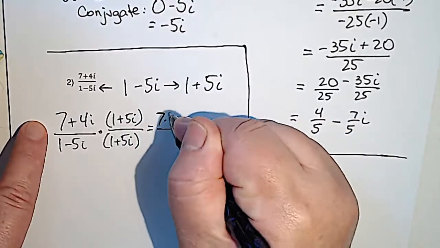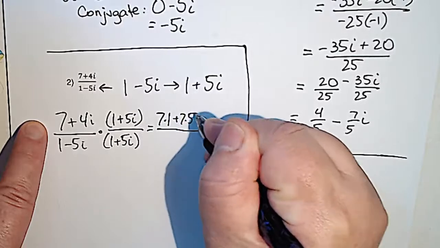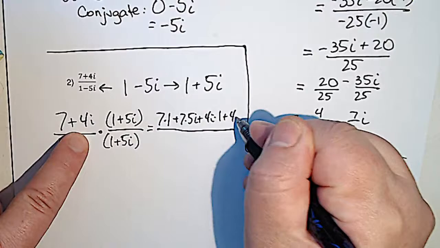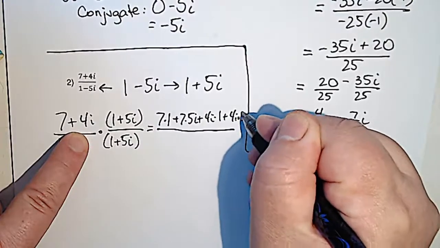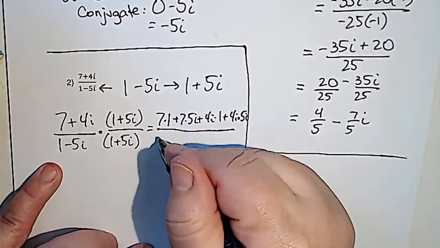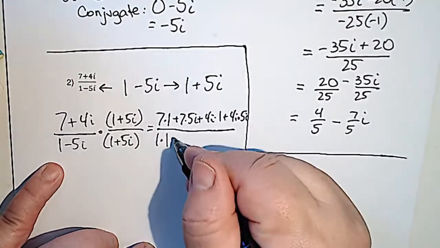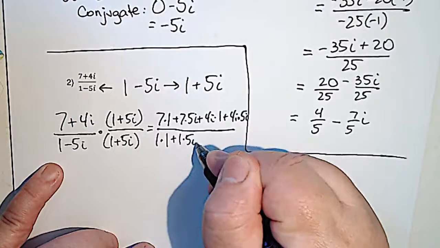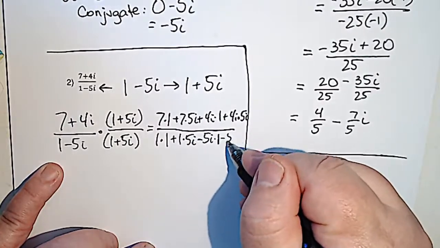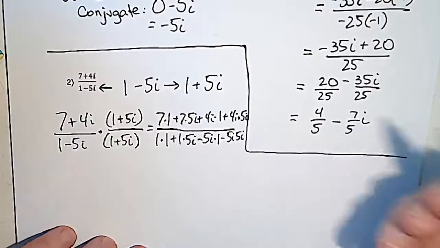So I've got 7 times 1 plus 7 times 5i plus 4i times 1 plus 4i times 5i. Sorry, it got tiny there. And then down here, I get 1 times 1 plus 1 times 5i minus 5i times 1 minus 5i times 5i.